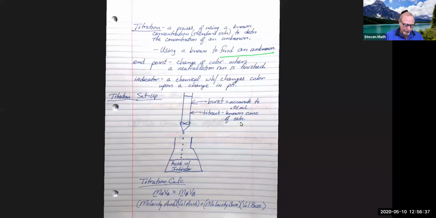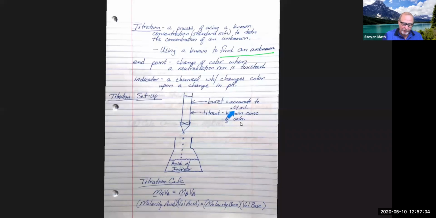So we're going to set up our titration experiment here with a little flask. And that flask has an acid in it with some sort of indicator. Just a drop or 2 of indicator, all we need to get a color change. Up top, we have a big long burette. Burettes are used because they're very, very accurate, usually to the 100th or 1000th of a milliliter. And in that burette is called a titrant.